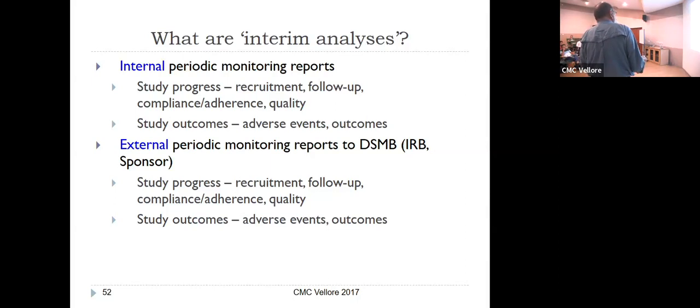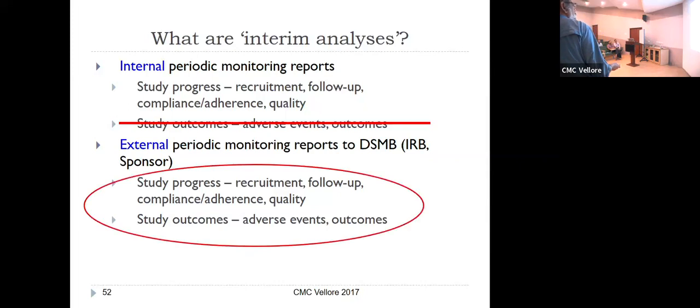The DSMB is also looking at study integrity, but they're the only ones that see the outcomes and events by treatment arm. Some people say you should never even show them the overall adverse events, because they may get unblinded if they know the event rate and guess. But that's a controversial issue.